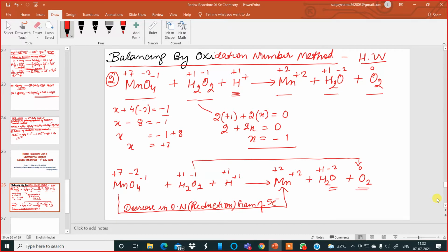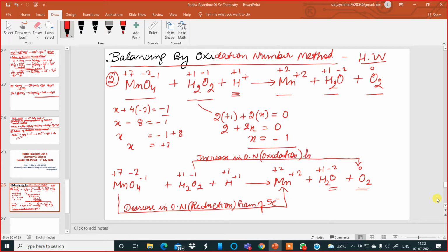So here minus 1 is becoming 0, which means is it increase or decrease? Yes, so I'll write above this arrow increase. Increase in oxidation number is called oxidation. This oxidation is possible by loss of how many electrons?